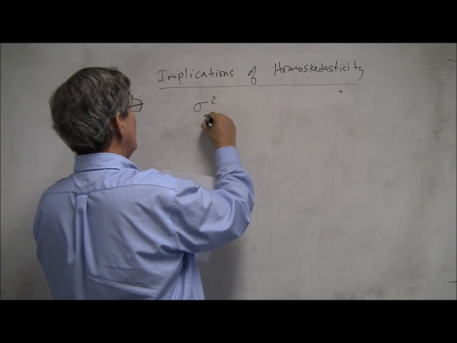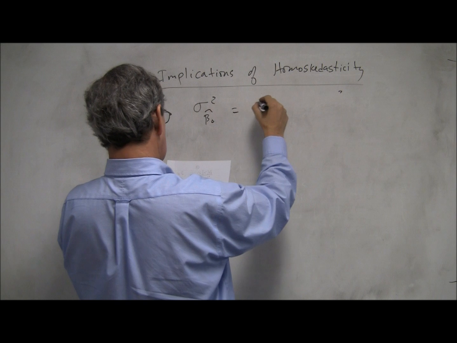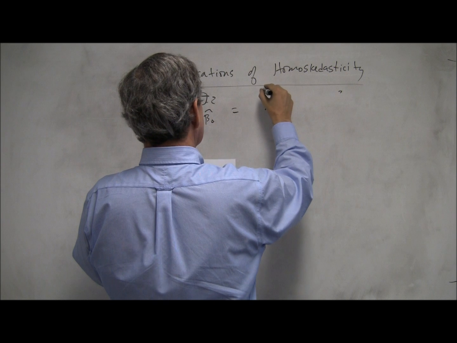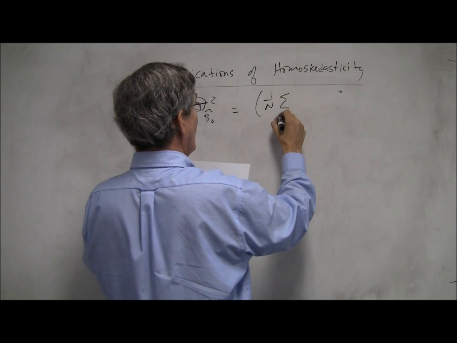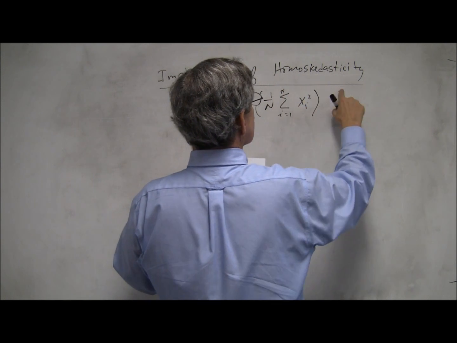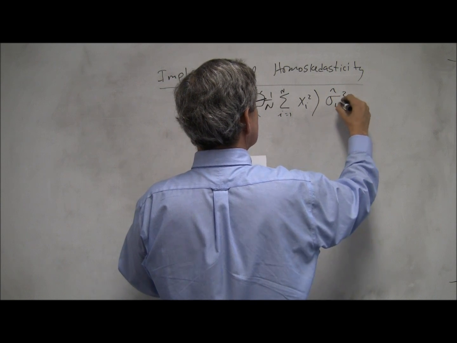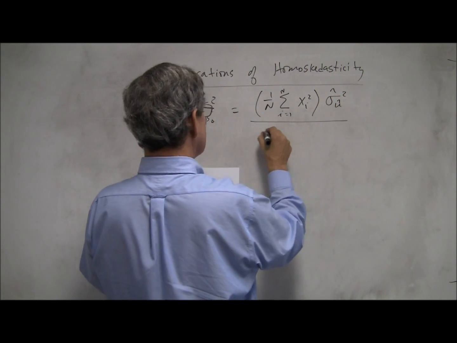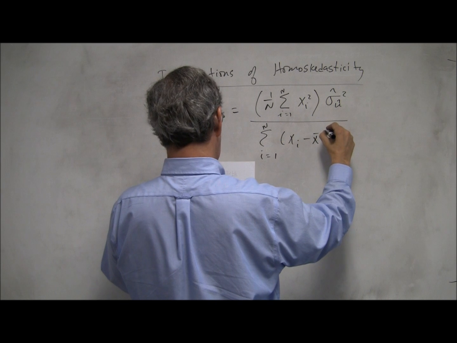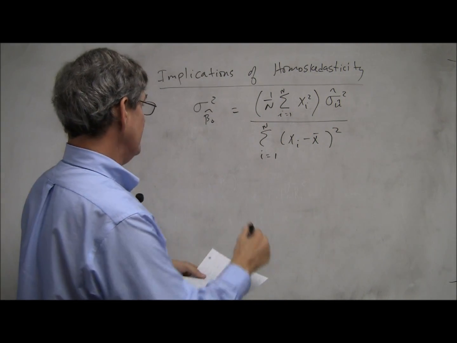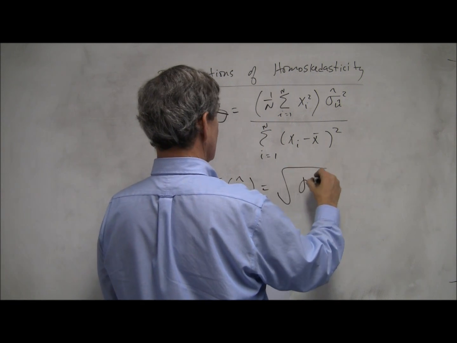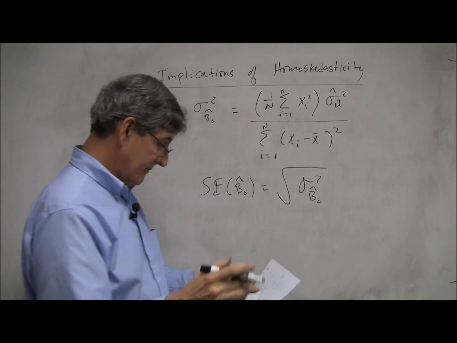Sigma squared beta naught hat is just 1 over n times the sum from i equals 1 to n of the x_i squareds times sigma hat squared u hat, divided by the sum from i equals 1 to n of (x_i minus x bar) squared. And then the standard error of beta naught hat is just the square root of sigma squared beta naught hat. Nothing to it.